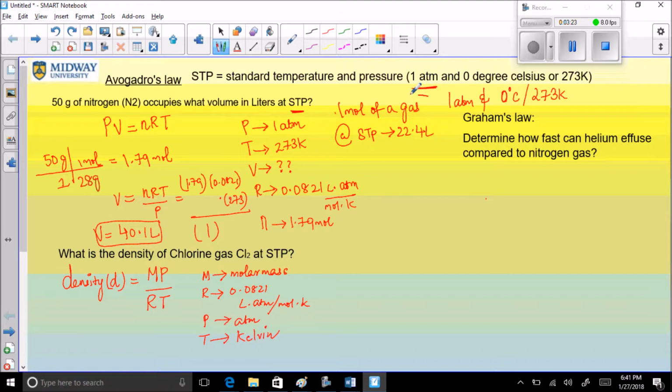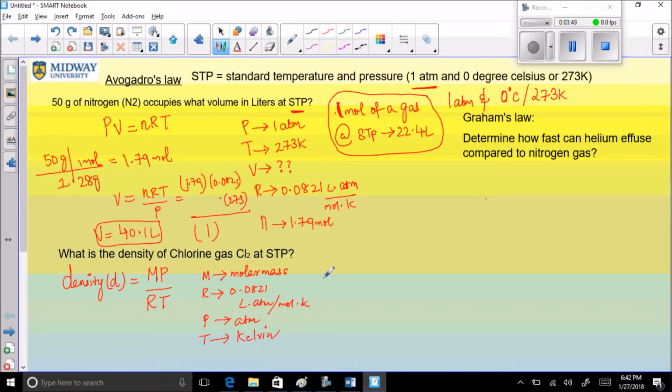You would have to memorize this. I am not going to give this to you on the test. 1 mole contains 22.4 liters. Down the course, I will work out another problem, maybe in a separate video, where I would expand on this concept. But this is the statement: 1 mole of any gas at STP occupies 22.4 liters.